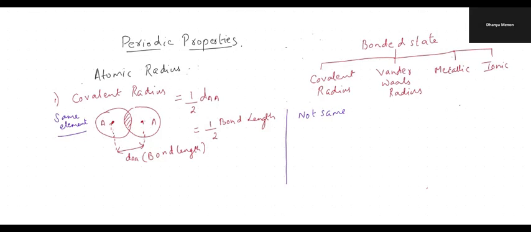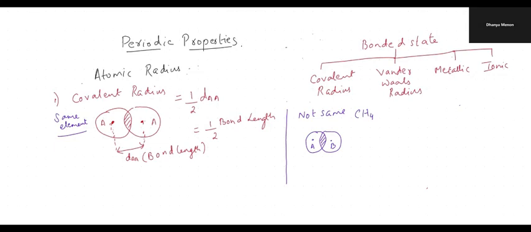Suppose I have atom A and atom B, different elements, and they form a covalent bond. Suppose the electronegativity is the same, for example methane, CH4. Both carbon and hydrogen have similar electronegativities, so the atoms cannot pull the electron cloud towards themselves fully.